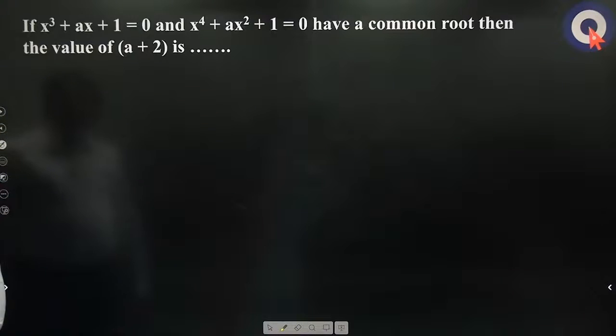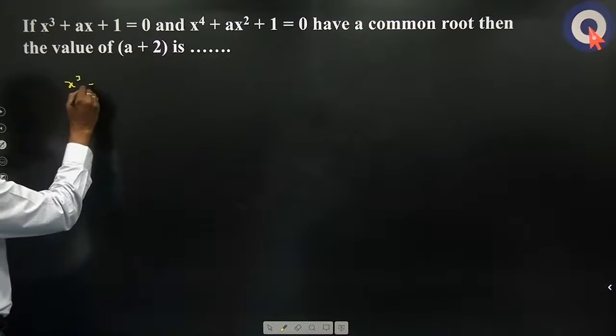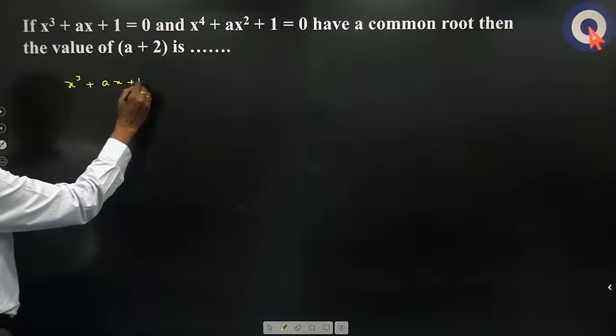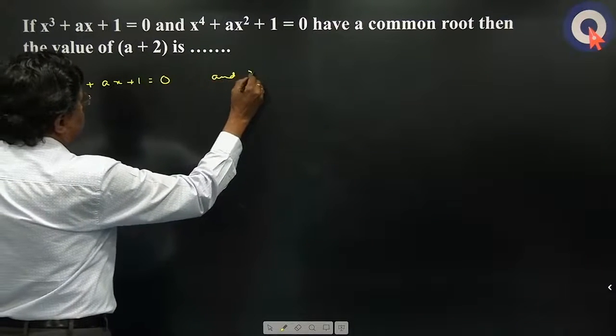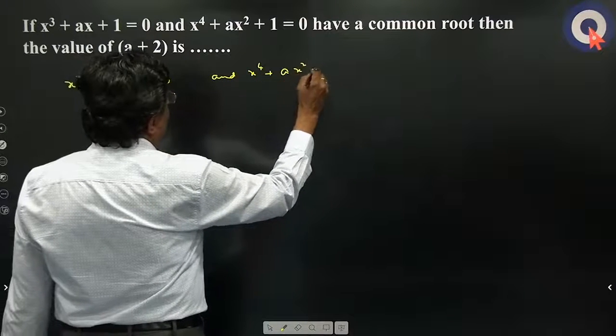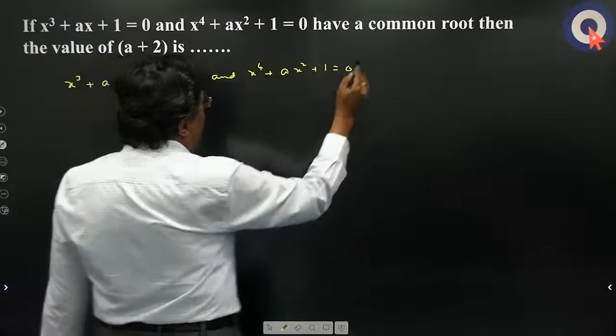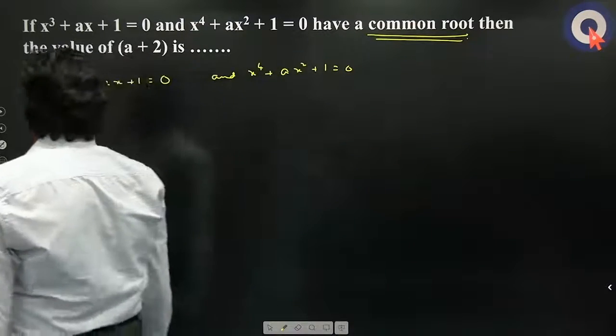So let us see the next problem. If x cube plus ax plus 1 is equal to 0 and x power 4 plus ax square plus 1 is equal to 0 have a common root, then the value of a plus 2 is equal to 0.